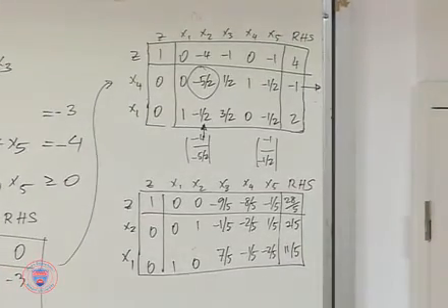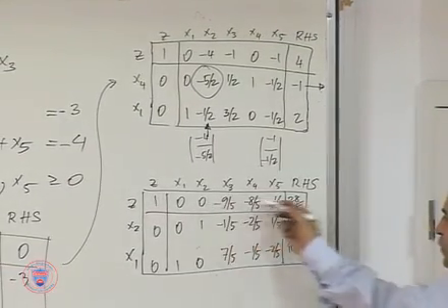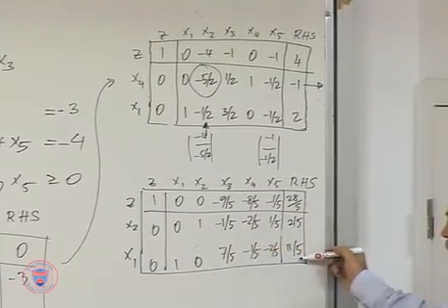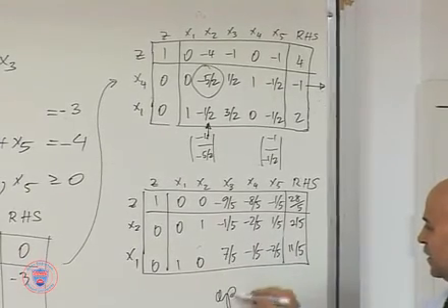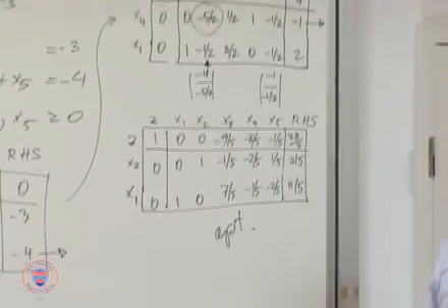Okay, now I have dual feasibility, primal feasibility, complementary slackness always satisfied. So this is the optimal solution.